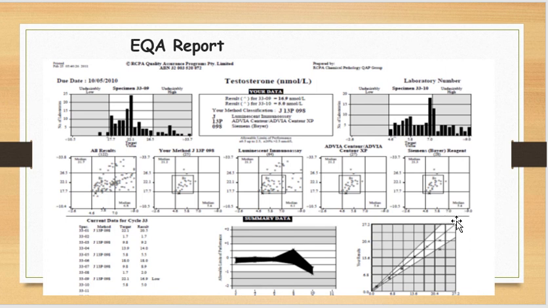So this gives information on whether your result is acceptable compared with all results and your method classification. So let's say this is the acceptable range.